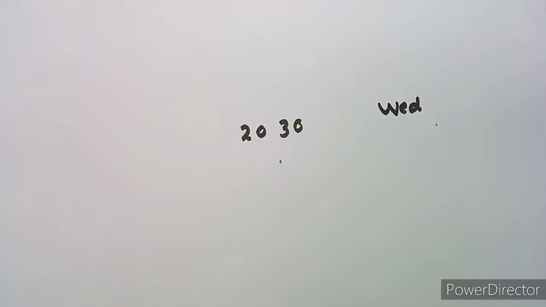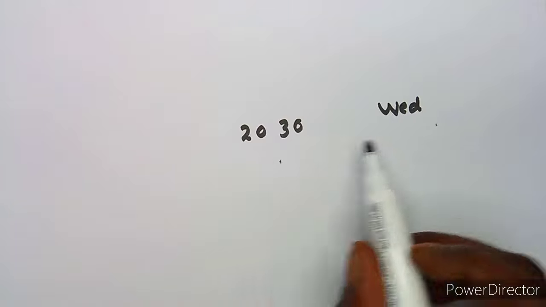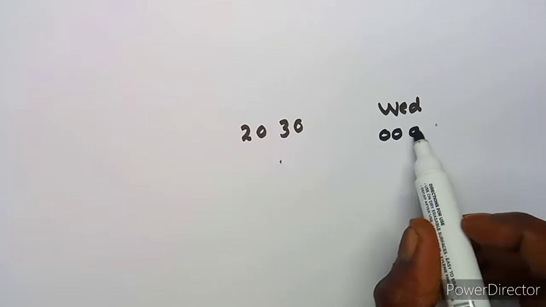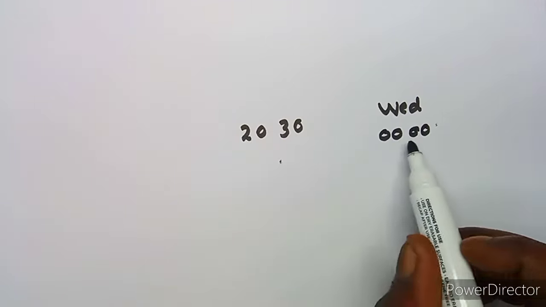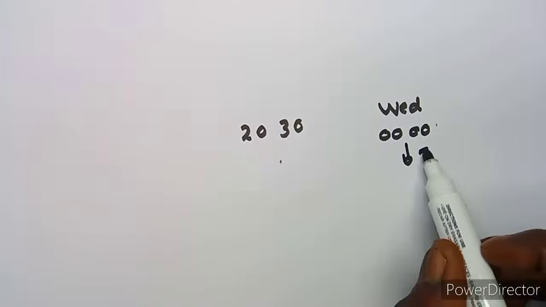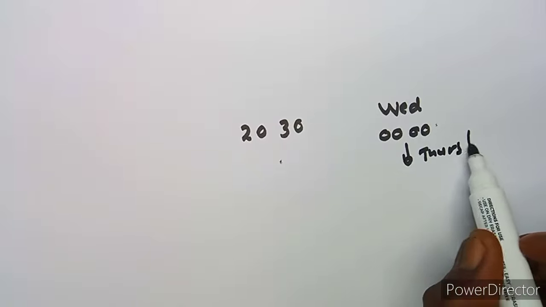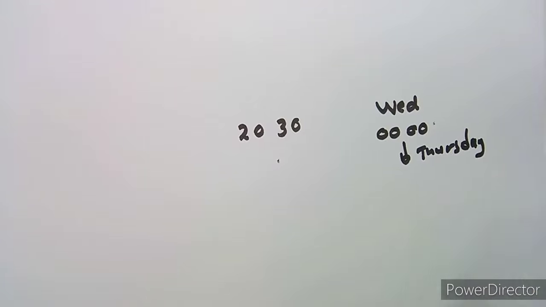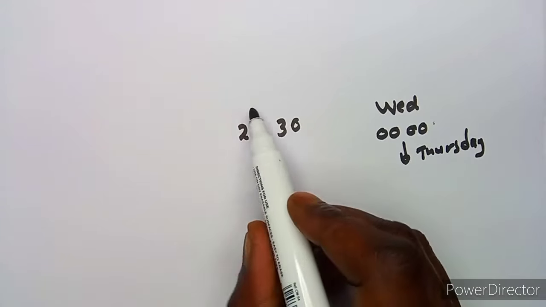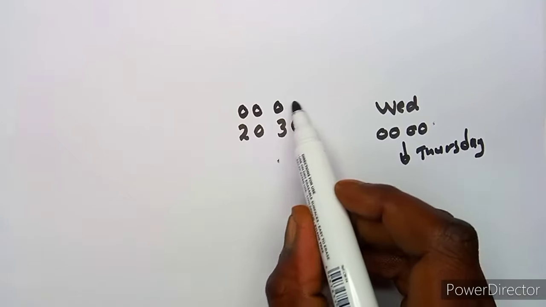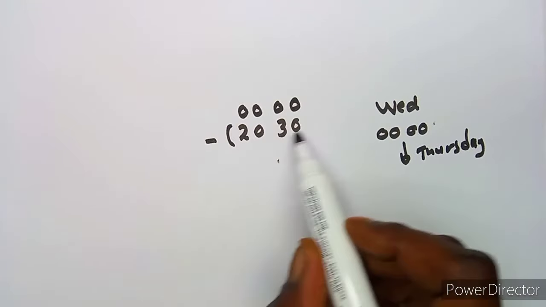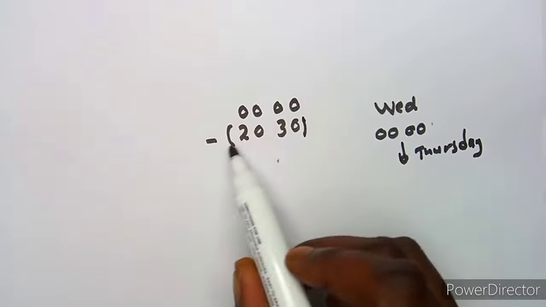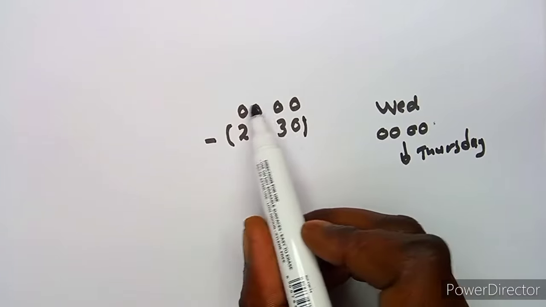How many hours were taken from 20:30 up to 0:00, which is 12 midnight, where we are now talking of the following day, which is Thursday? All right, how many hours were there? You're going to subtract this because it's a day which was taken there.